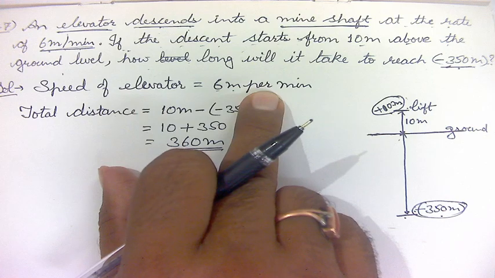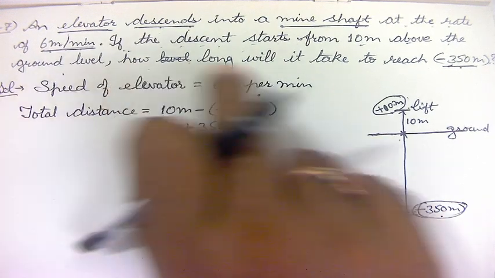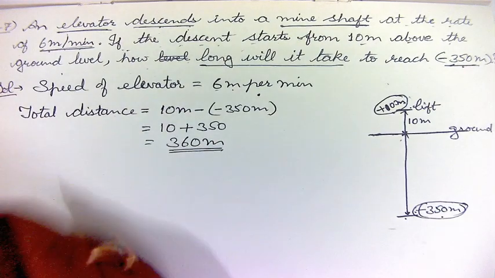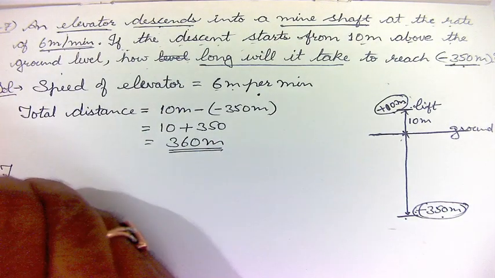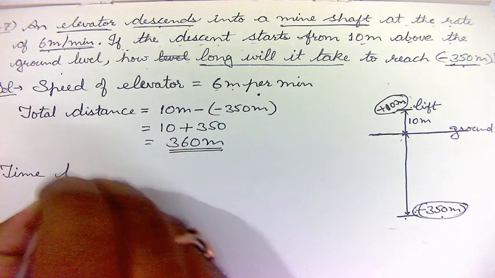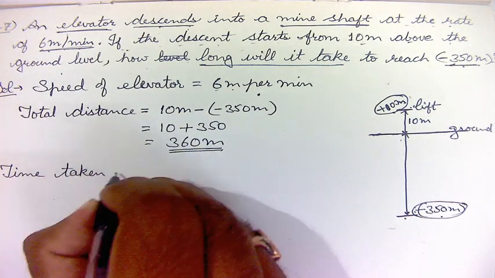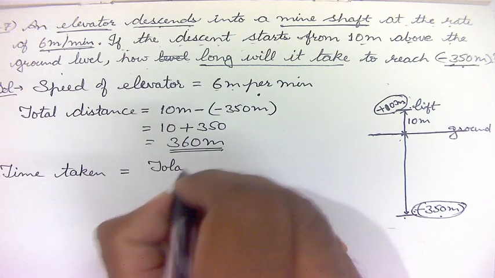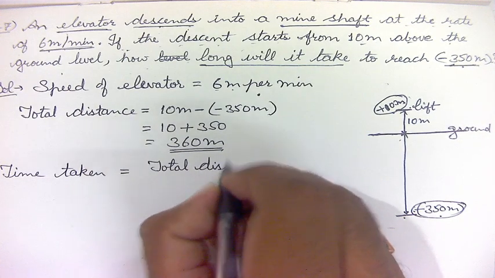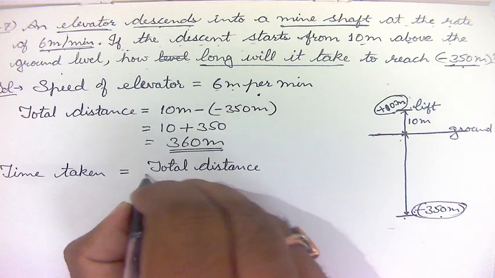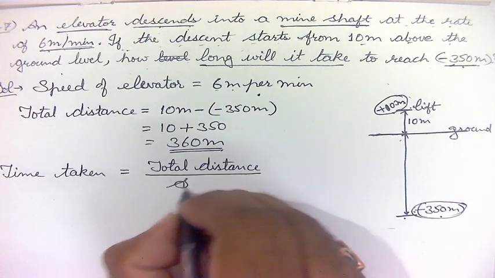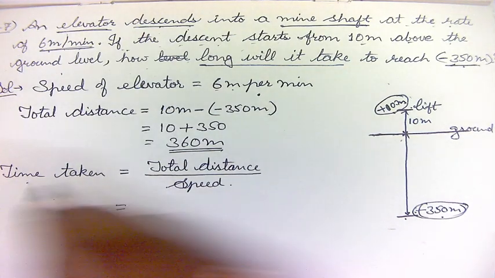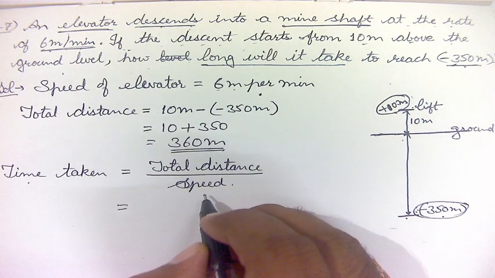Speed we have. We need to find out how long will it take. How long will it take means what is the time taken. So time taken is equal to total distance divided by speed. Time equals to total distance divided by speed.